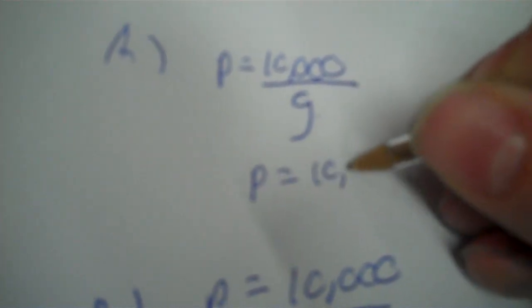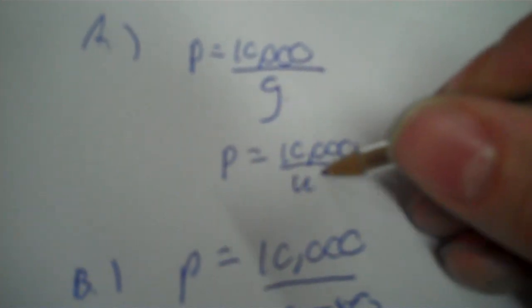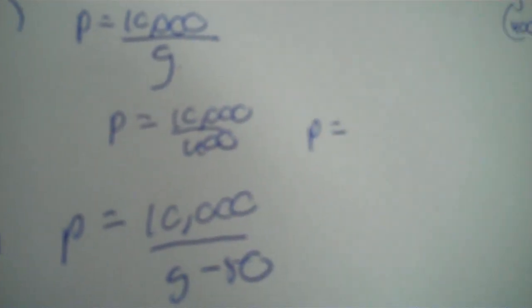What that means is 400 gallons. Now substitute 400 in for G in each one. So P equals 10,000 divided by 400. That's going to be 25. So 25 miles per gallon there. That's the old mileage. Just put miles per gallon. Now substitute 400 here.